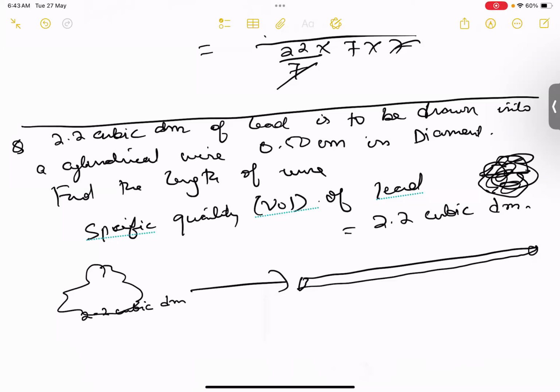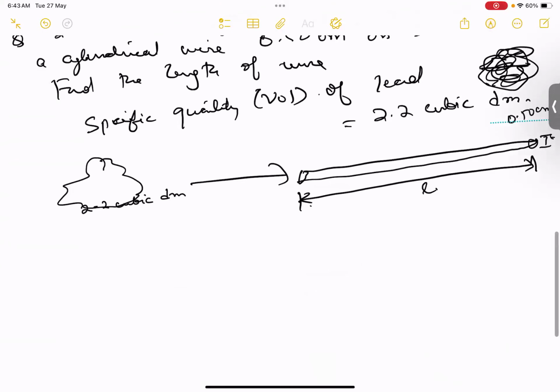This wire has a diameter of 0.50 centimeter. So we are going to make that lead into a long wire which has a diameter of 0.50 centimeter. Now we just have to find out what the length of the wire is.